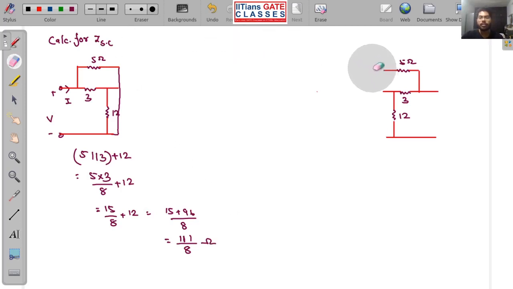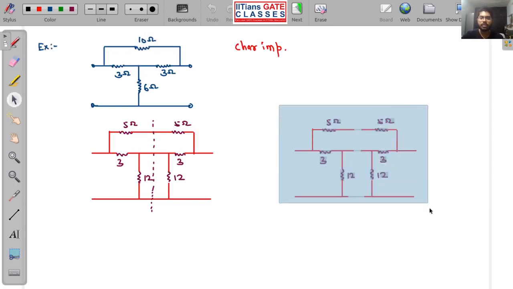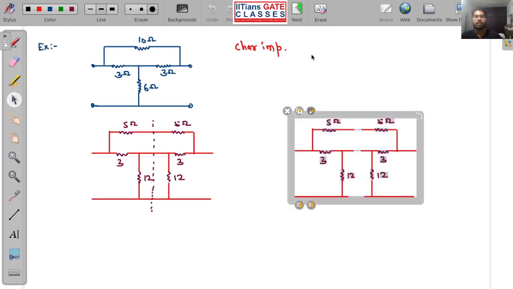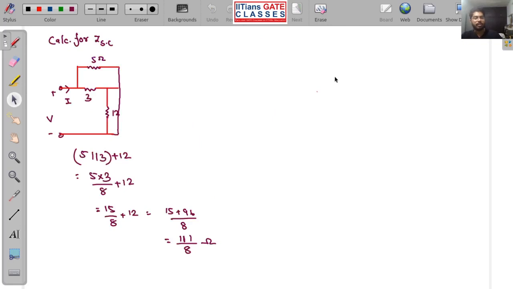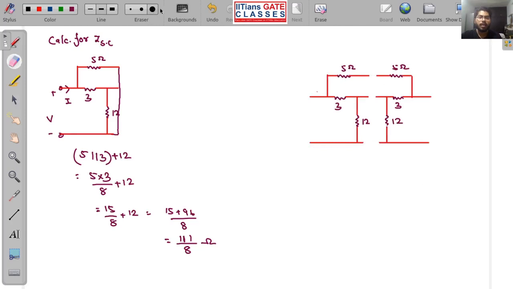Okay. So this is the calculation for ZSC. Now I need to calculate what? ZOC. Fine. With the second part that I have bisected, calculation for ZOC.